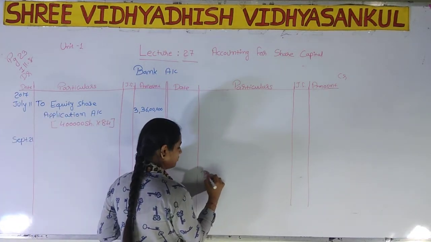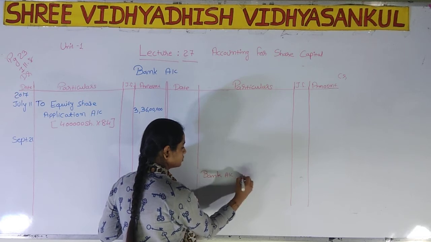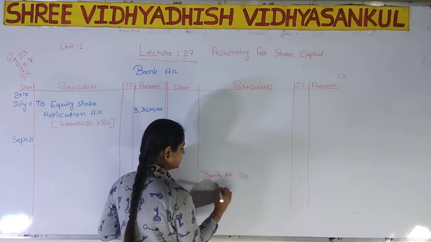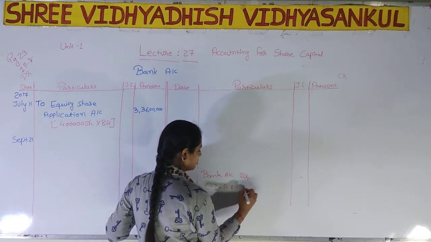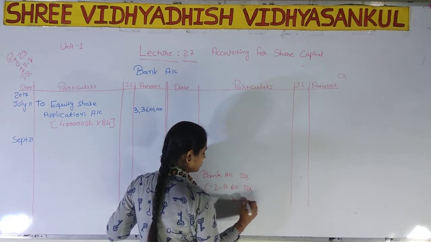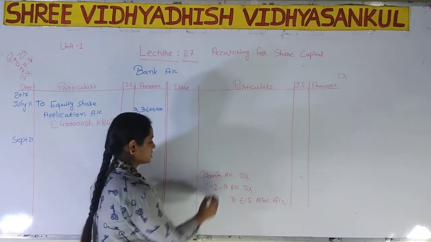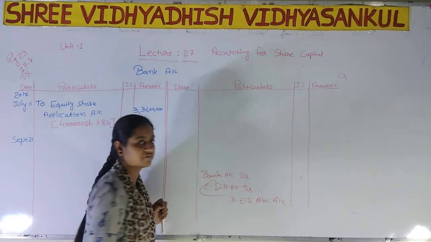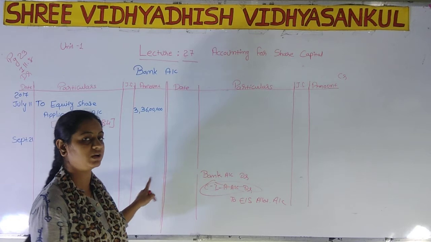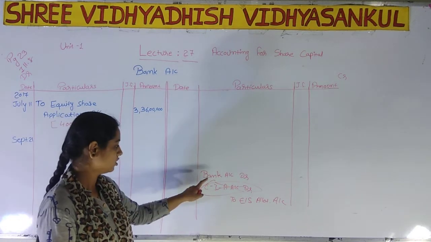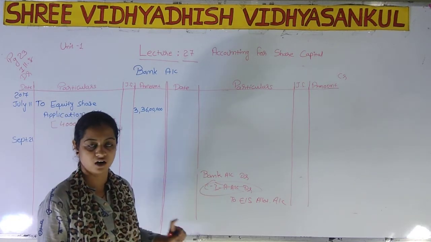The journal entry will be bank account debit calling arrears account debit to equity share allotment account, right? But we don't have to give the effect of calling arrears in this account because we have already written the journal. We have to give the effect of only bank account, right?